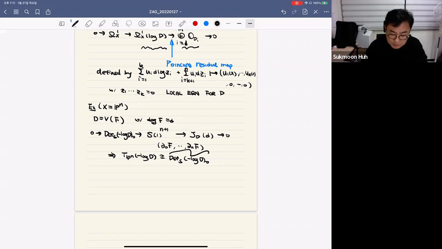All right. So for example, if f is a polynomial of degree n plus one, defined as the product of each coordinate x0, x1, blah blah blah, xn, then we can obtain the following exact sequence. So in this case, this kernel module turns out to be n copies of the polynomial ring.